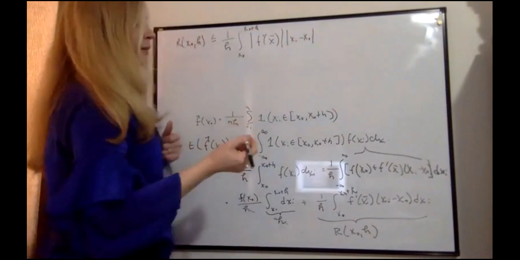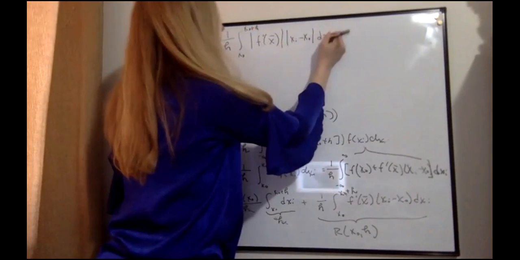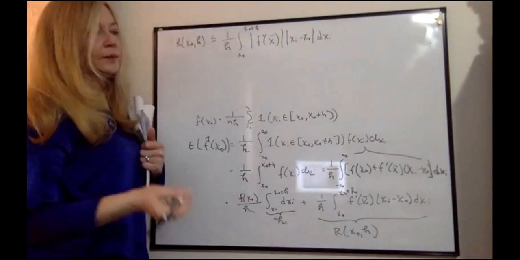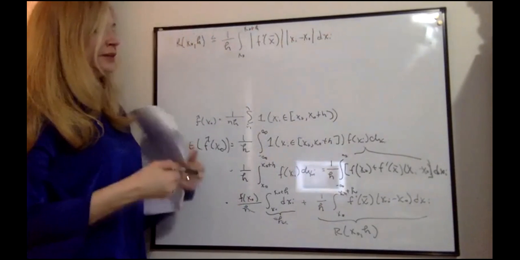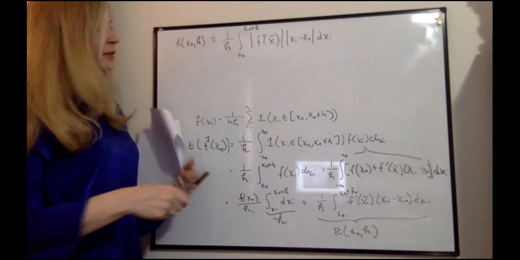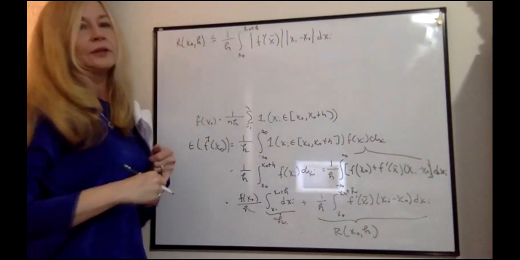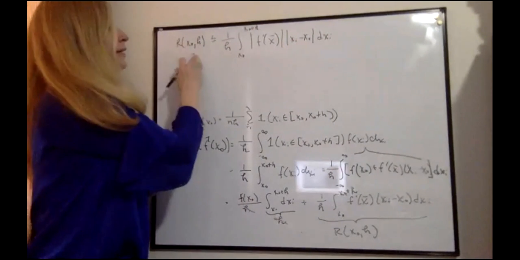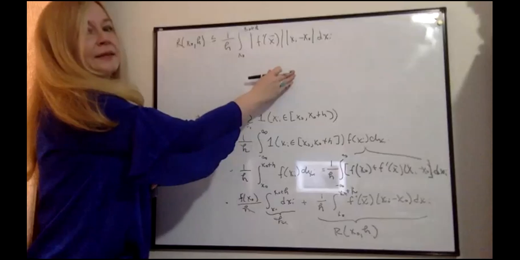If we make them all positive, that could only be bigger, because if you have plus and minus, those would offset each other. But if we put absolute value, that can only be bigger. So we can say this remainder is bounded by this.